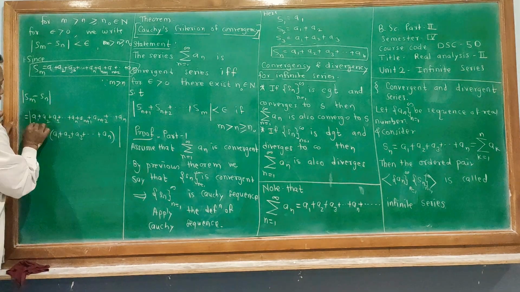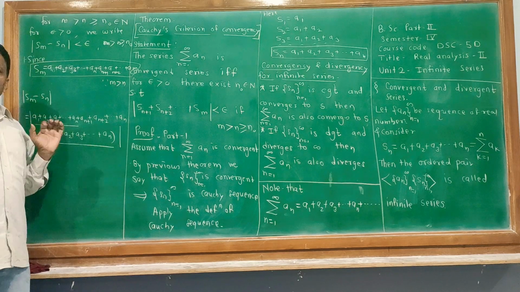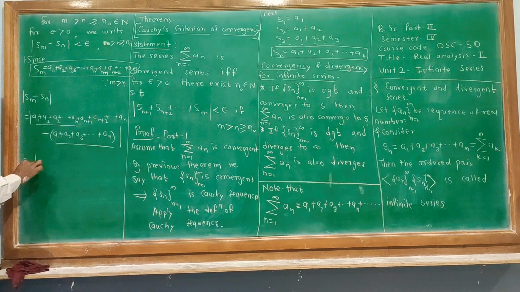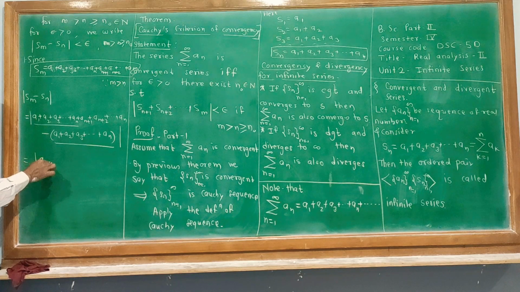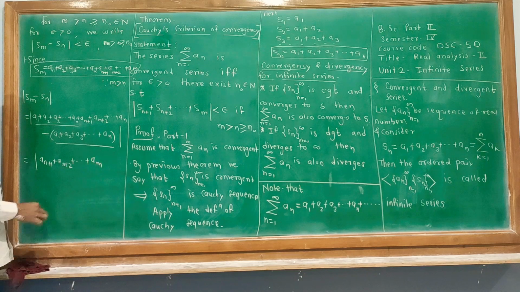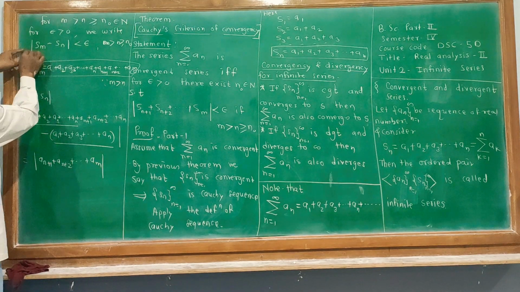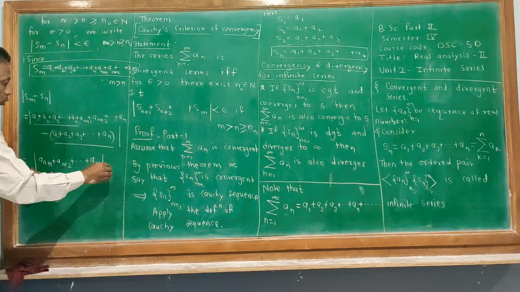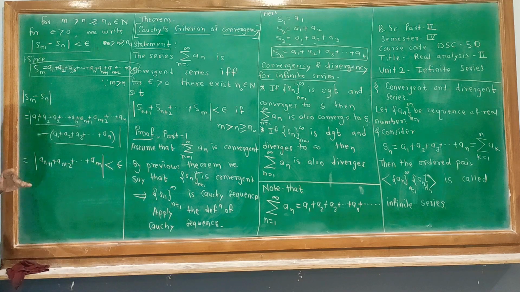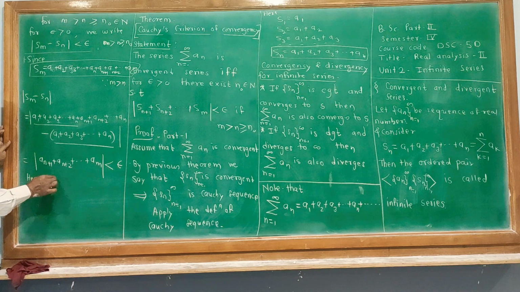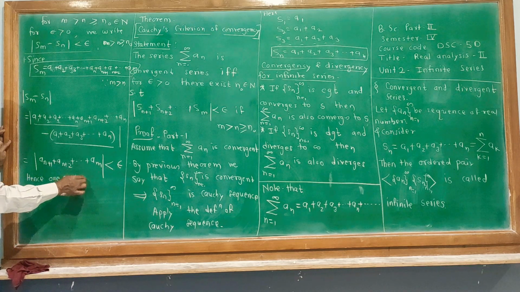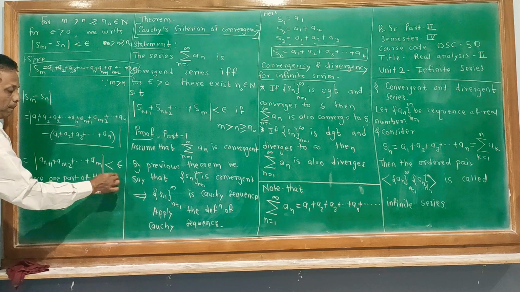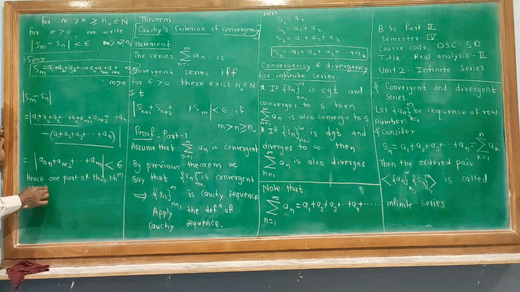Now all these terms and these terms cancel, and the remaining part is A(n+1) plus A(n+2) plus up to Am. And what is this? Sm minus Sn is less than epsilon by using the Cauchy sequence. Therefore, we write here less than epsilon. Hence, one part of this theorem is proved.